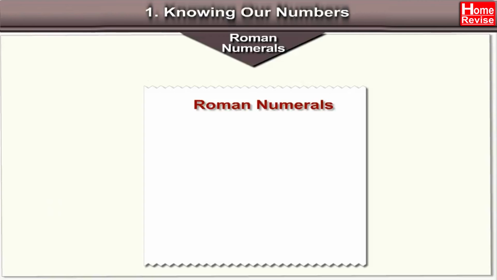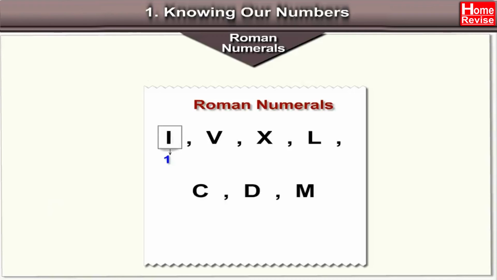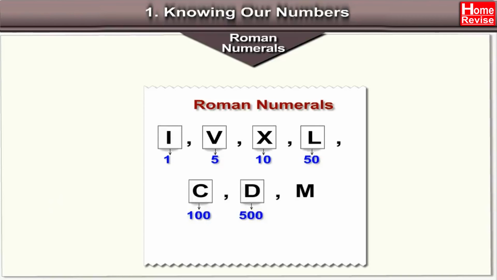Some more Roman numerals: I is for 1, V is for 5, X is for 10, L is for 50, C is for 100, D is for 500, and M is for 1000.